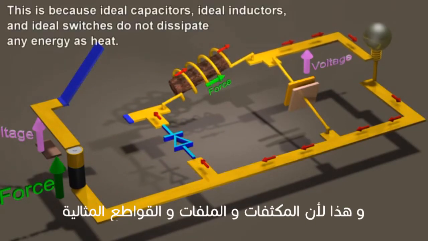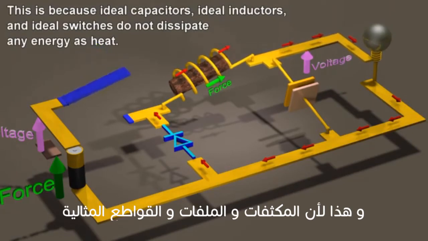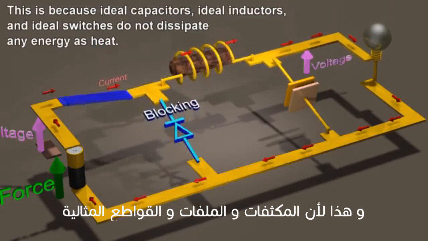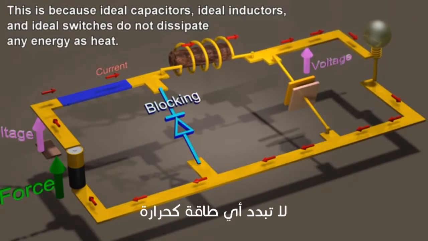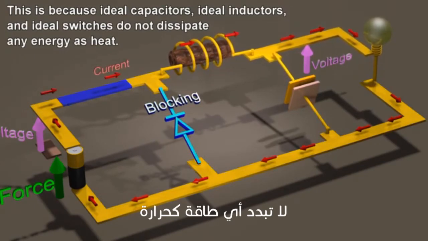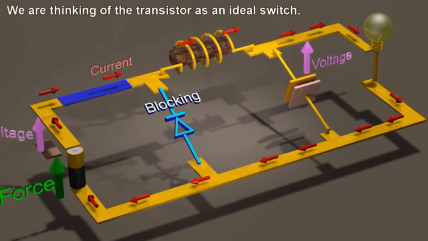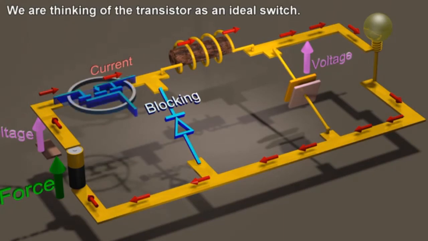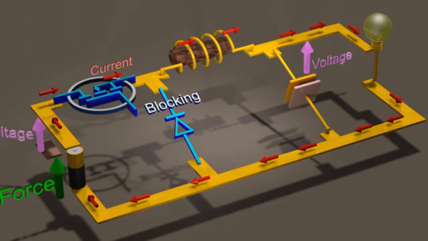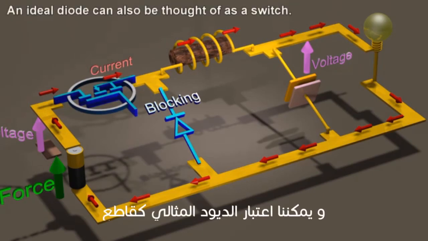This is because ideal capacitors, ideal inductors, and ideal switches do not dissipate any energy as heat. We're thinking of the transistor as an ideal switch. An ideal diode can also be thought of as a switch.